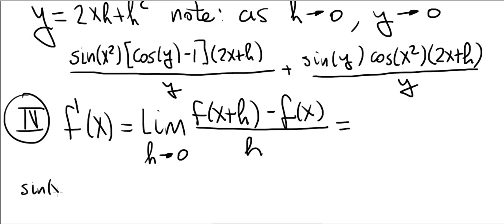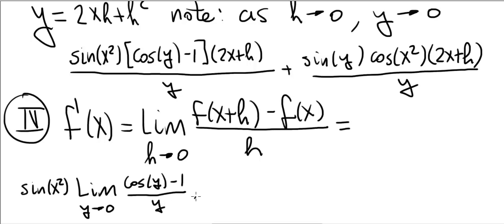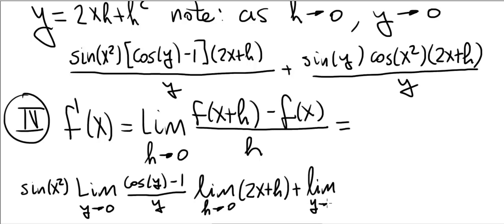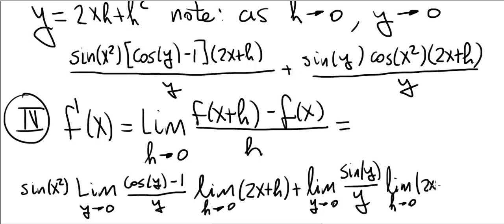So we have sine of x squared out in front, and then the limit as y approaches 0, because that comes through from h, of cosine of y minus 1 divided by y, times the limit as h goes to 0 of 2x plus h, followed by the limit as y approaches 0 of sine of y over y, times the limit as h approaches 0 of 2x plus h, times cosine of x squared.